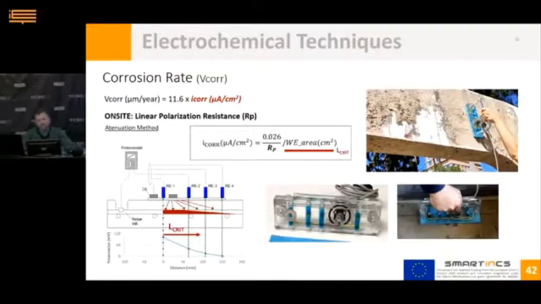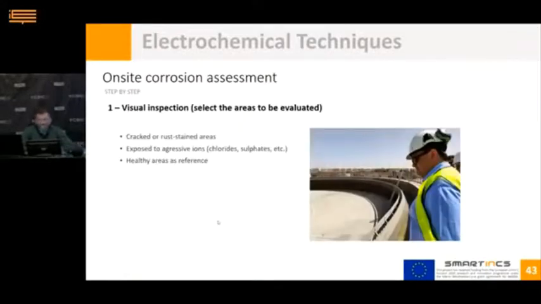Once the electrochemical techniques are known, let's review the main steps to follow when performing an on-site inspection. The first thing we always do, obviously, is to perform a visual inspection of the structure to identify the areas of greatest interest in which to carry out the test.